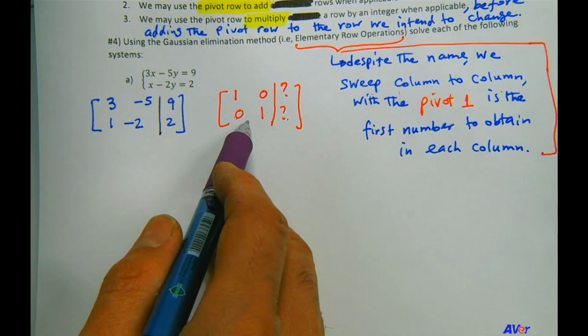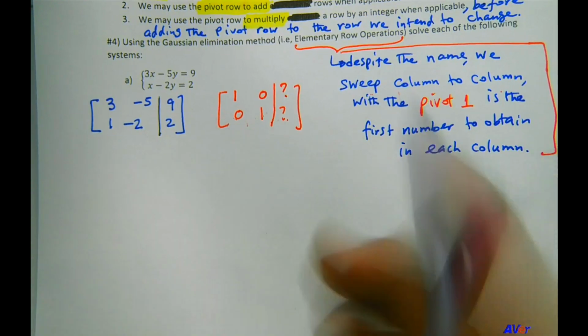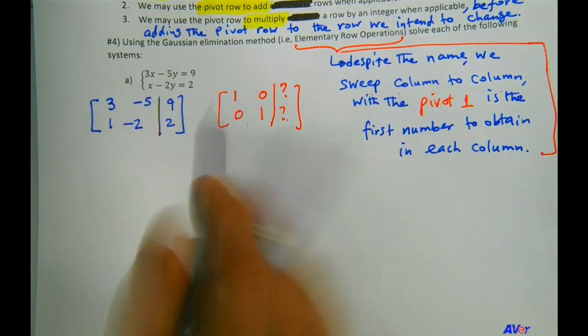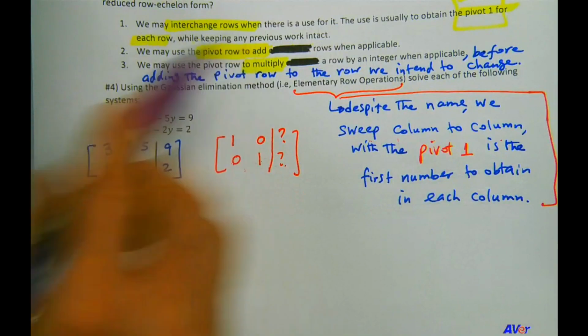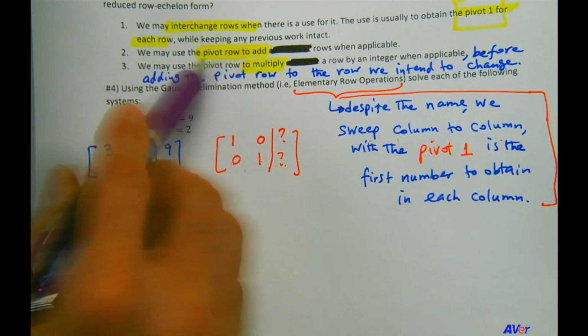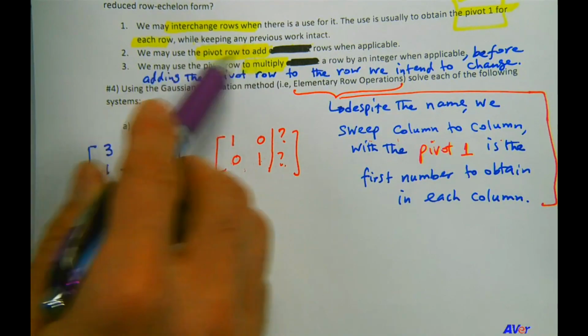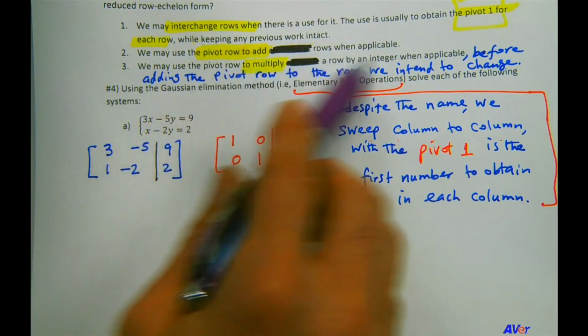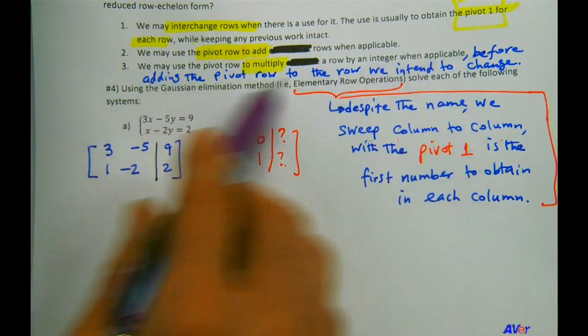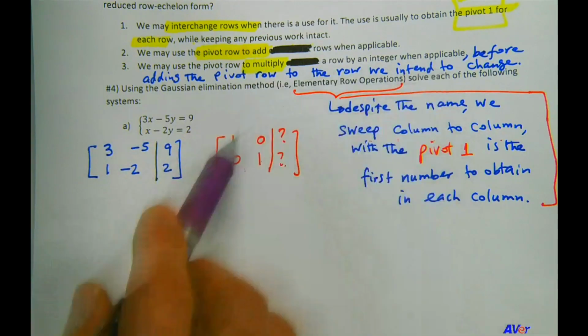Okay? So when we apply this procedure that we just talked about, interchanging rows, using the pivot row to add rows when applicable, and multiplying a row by an integer when applicable before adding the pivot row to the row we intend to change.